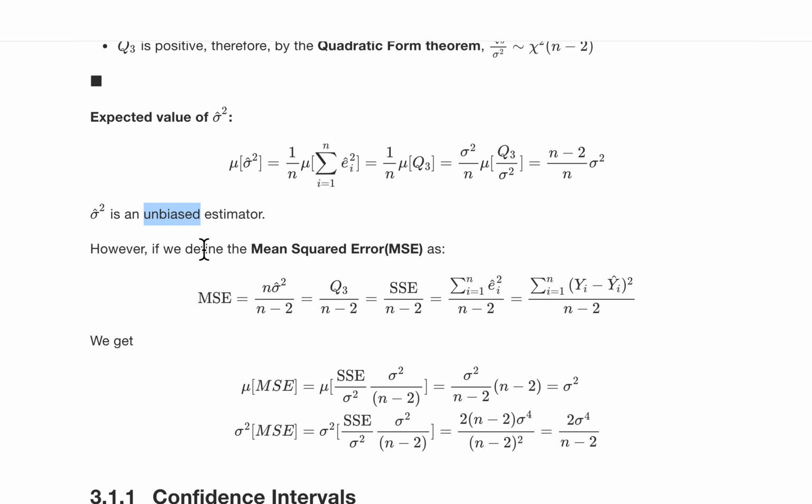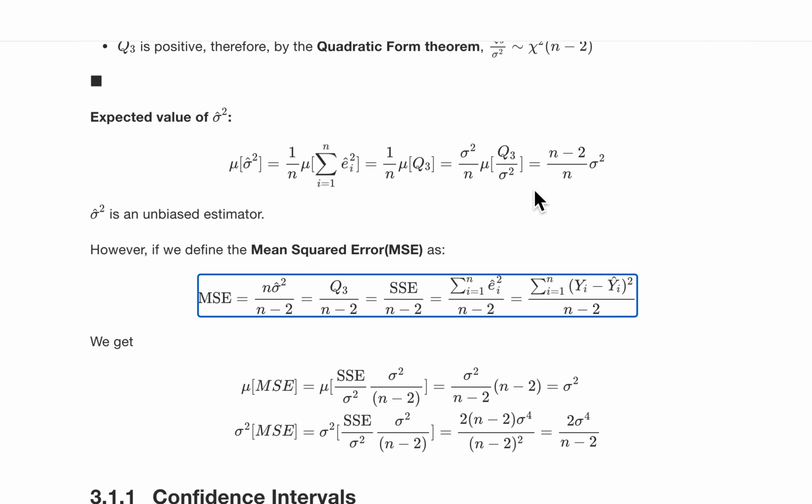So this is the error here. This should be biased estimator. Now, bias is not always good, so let's see if we can find an unbiased estimator of sigma squared.